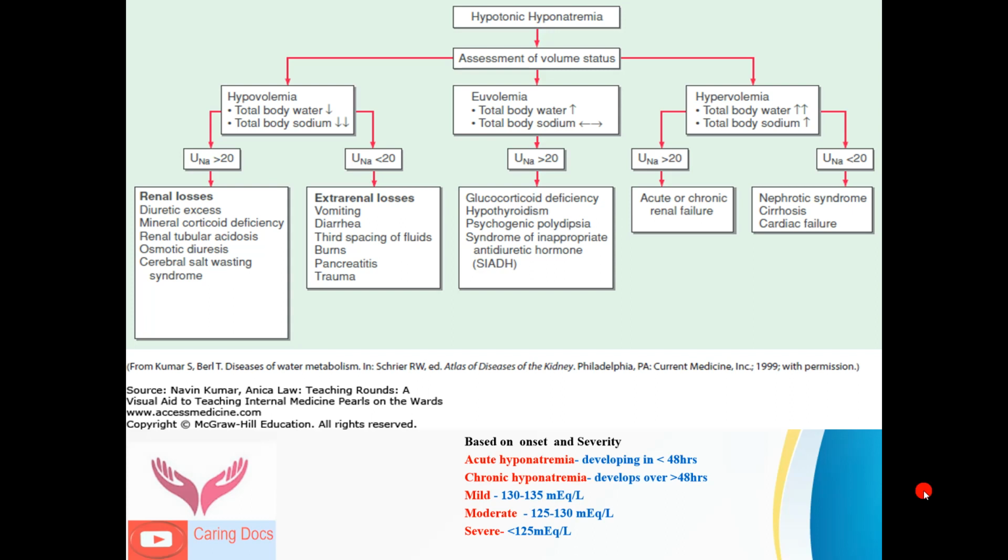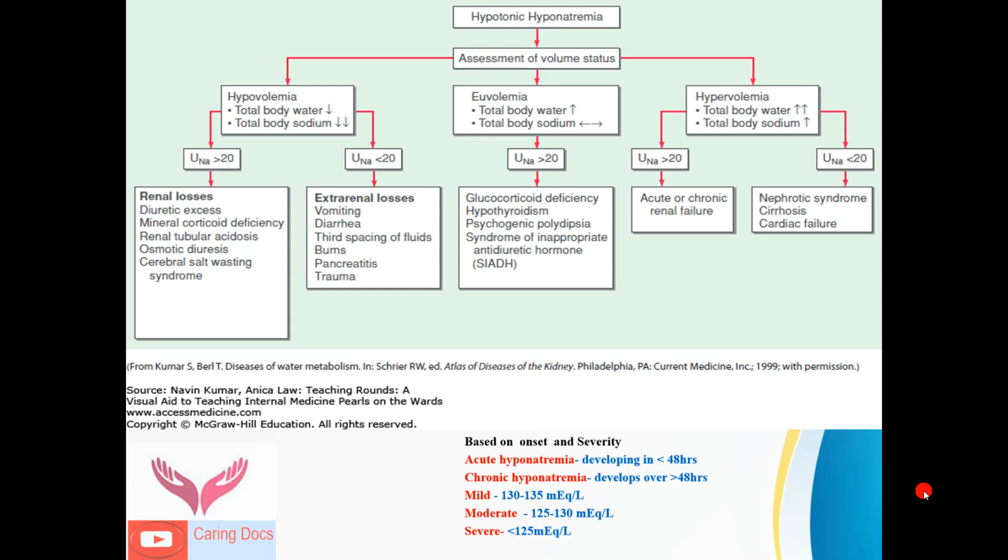If hyponatremia develops in less than 48 hours, we call it acute hyponatremia. And if this hyponatremia develops over a period of 48 hours or more, we call it chronic hyponatremia.